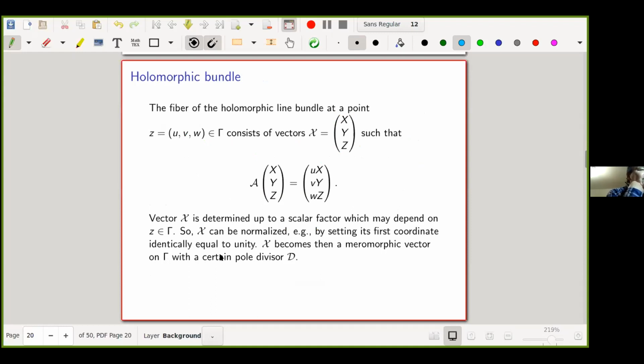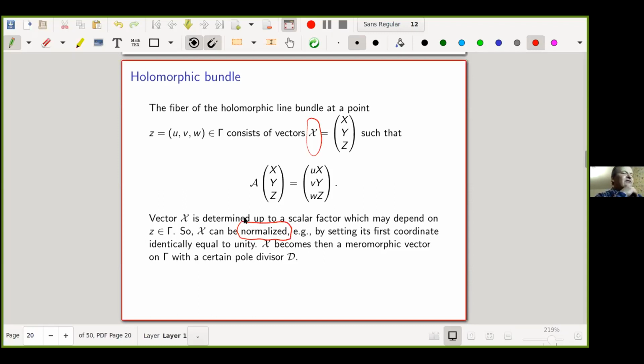I am grateful to Igor Krichever, from whom I learned what to do with these vectors like this X beautiful. Namely, it is determined up to a scalar factor, and then you normalize it somehow.